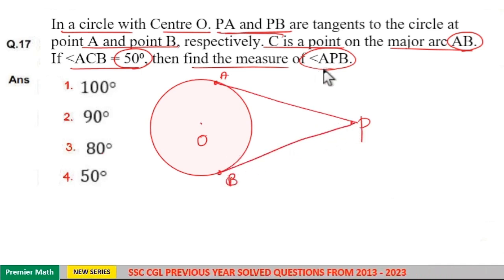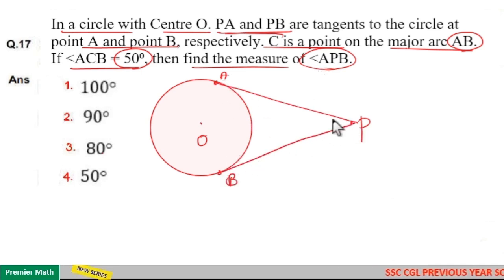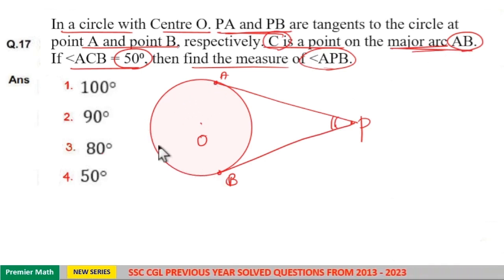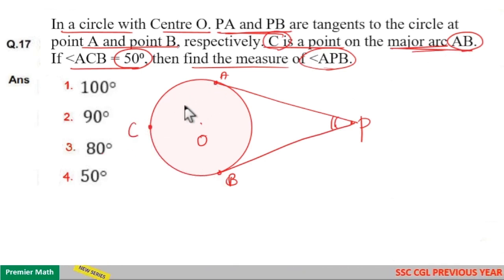And here we have to find angle APB, that is this angle. And C is a point on major arc AB, so C is on this major arc.